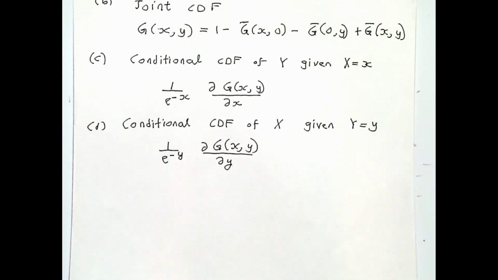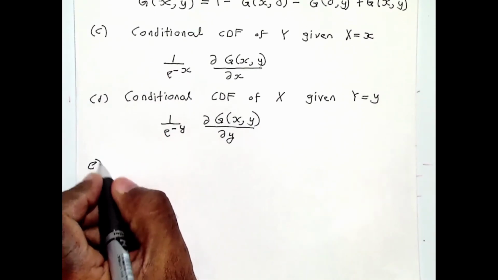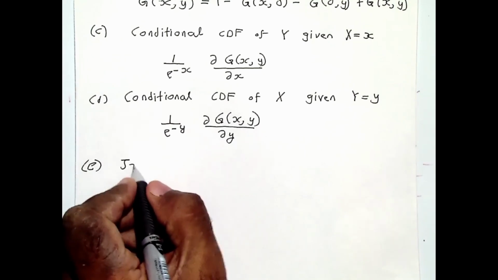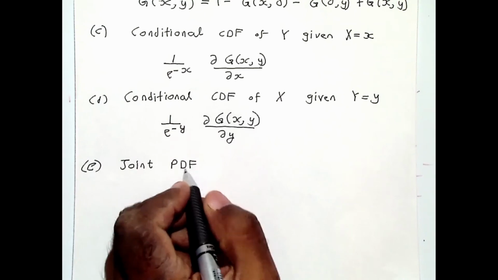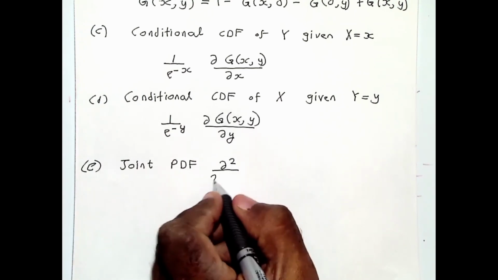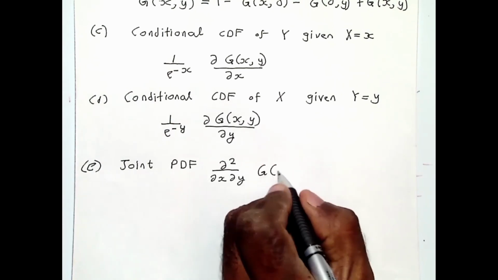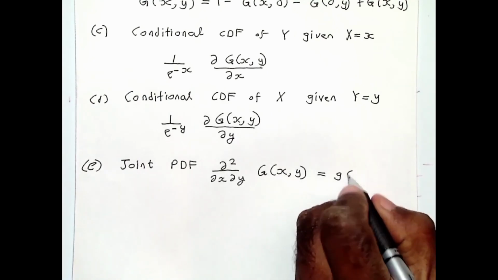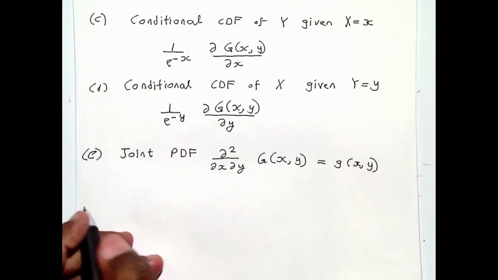Okay, and part E, the question is to find the joint PDF. You will use the following. It's the second order partial derivative with respect to x and y of g of x comma y, which I shall denote by little g x comma y. This is just a notation.